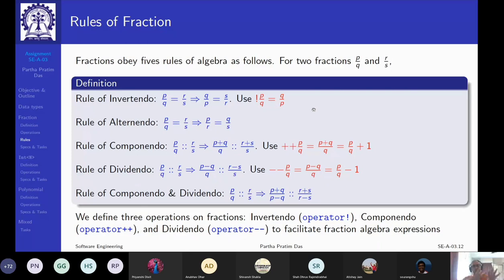Right? So this will, at the end, give us the mapping between the standard operators that we have in C++ and what it means in terms of the fraction. And only then I'll be able to specify, right? Unless I have a meaning, exclamation, what does it mean? Exclamation in, say, Boolean terms, means negation.